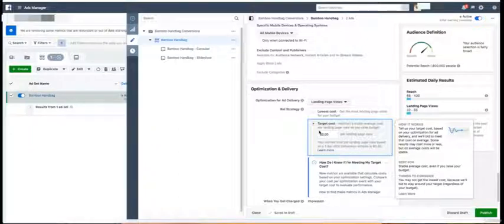But if you're starting to see positive results in your campaigns or ad sets, and you start increasing your daily budget very aggressively, then you will see that your costs will go up.